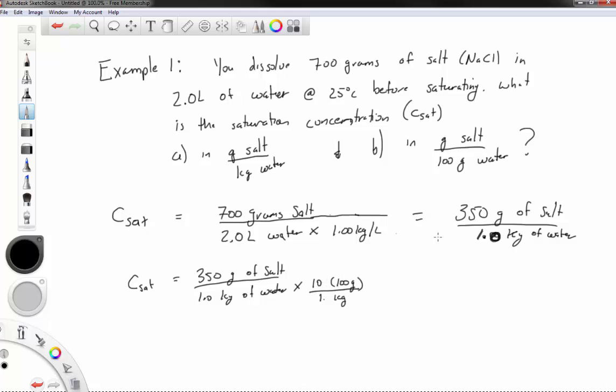So this right here ends up looking like 35 grams of salt per 100 grams of water. So that's what our saturation concentration is, both in units for A and units for B.